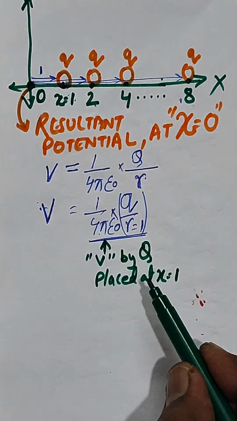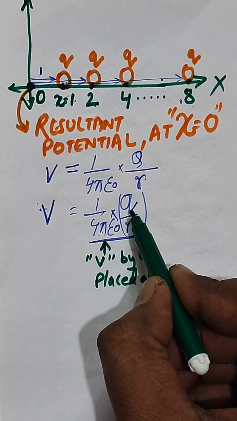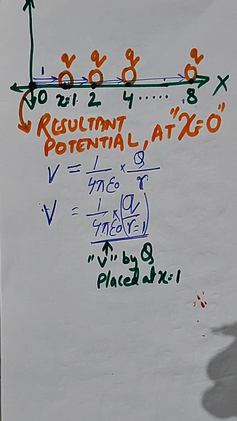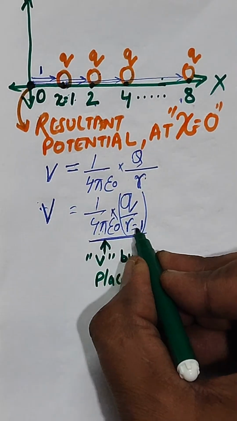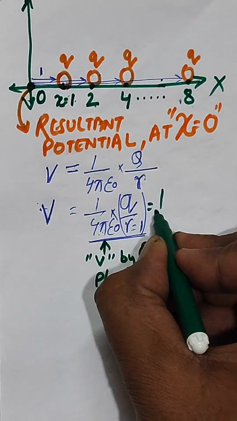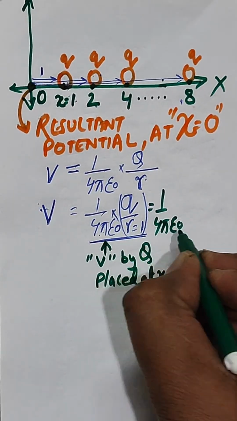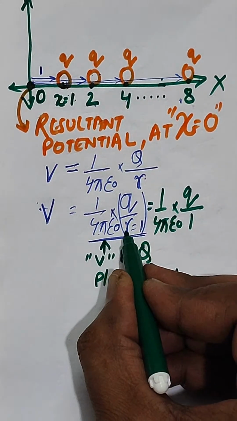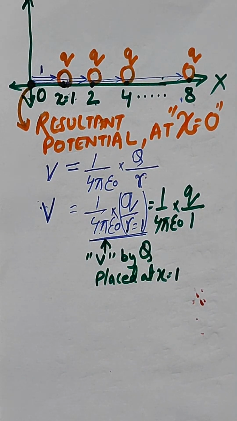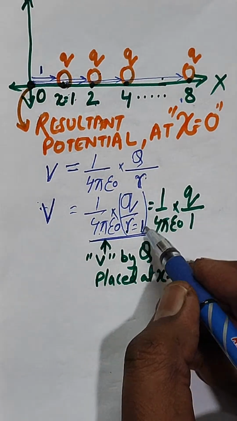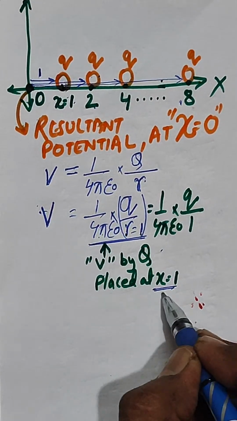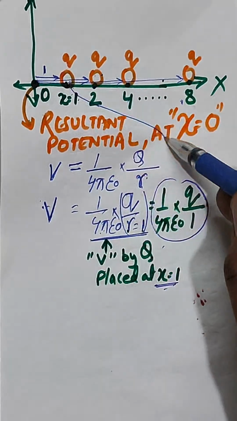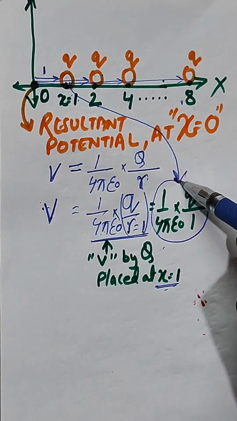This can be written as 1 by 4 pi epsilon 0 q by 1, because r is equal to 1. This is the potential generated by the charge placed at x equal to 1.